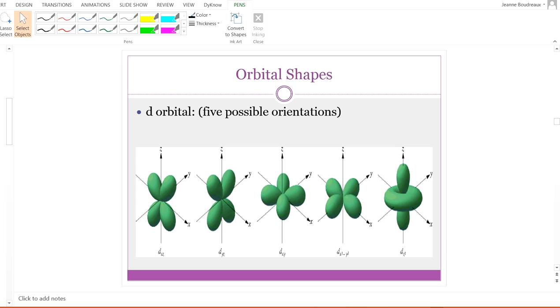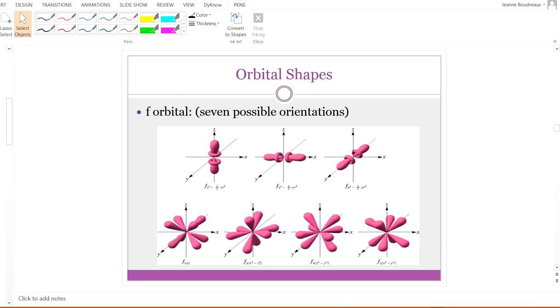The next shape, this is our d orbitals. These are our double peanut shapes. And again, we're going to have 5 possible orientations. Orientation 1, 2, 3, 4, and 5. Our next orbital shape is our F orbital.